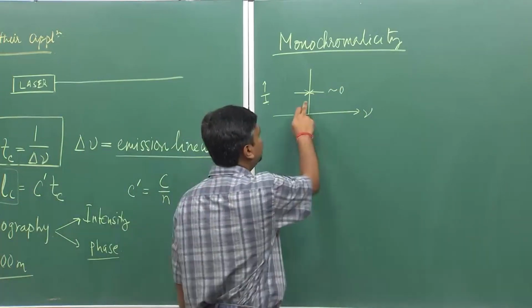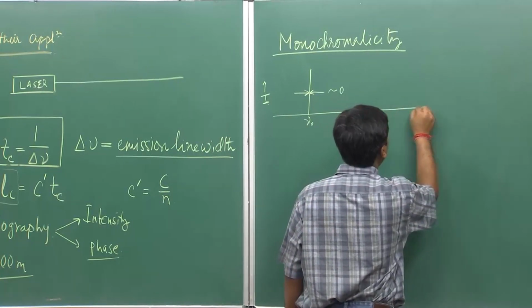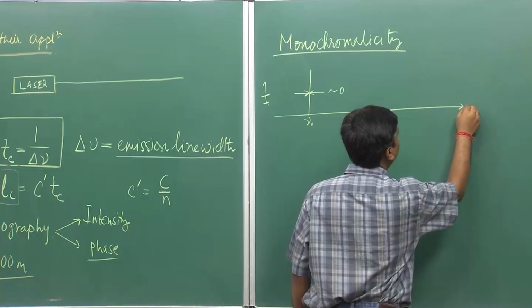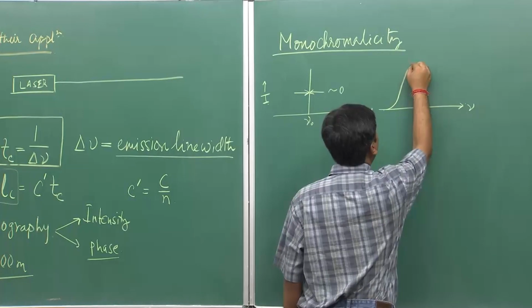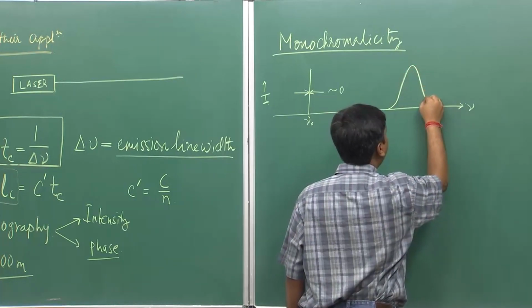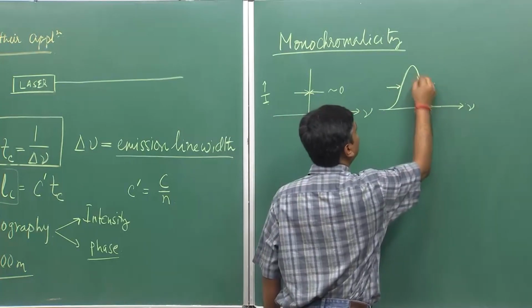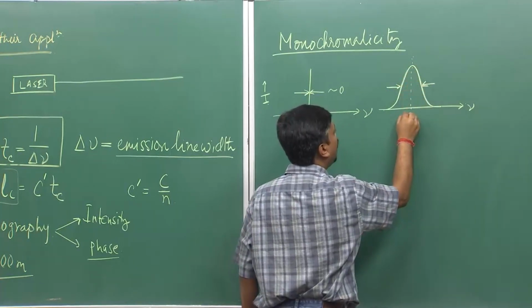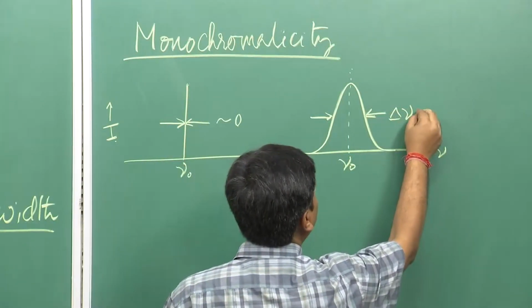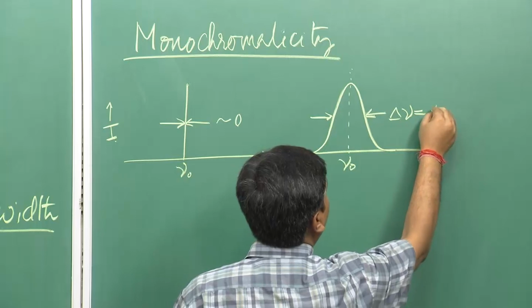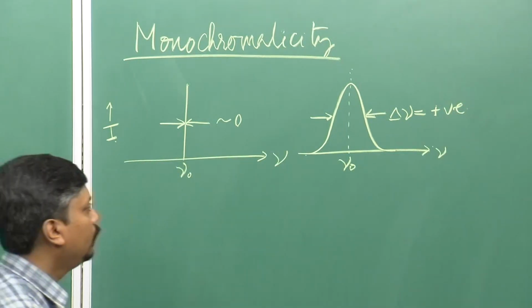If I actually look at this, it will look like this, and you can see around this nu 0 you have a positive line width.